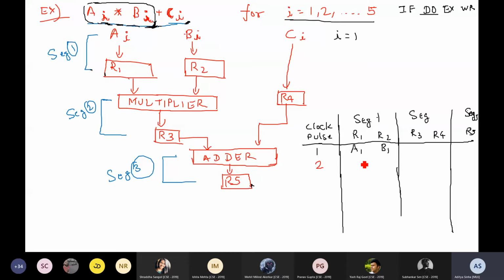Okay, in the second stage, this A1, B1 will go to the next segment. So what you have to do is multiply. So it will be A1 multiplied by B1, and C1 data will also come into R4, because C1 data is coming into R4. Is the second stage clear?